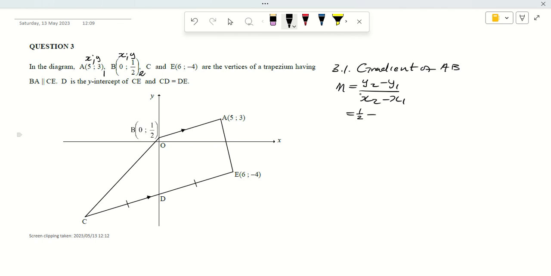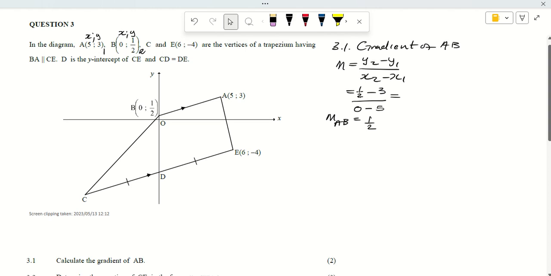We go to point 1, it's 3, so this is going to be 3 over, then x2, we go to point 2, which is 0 minus, and then x1, which is 5. So if you type that into your calculator, you'll find that the gradient of AB is equal to 1 over 2.